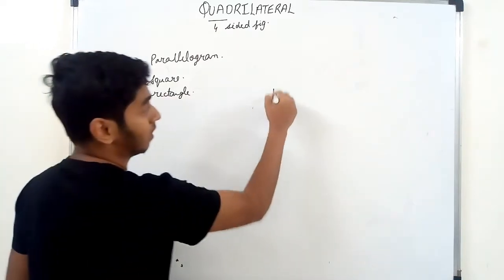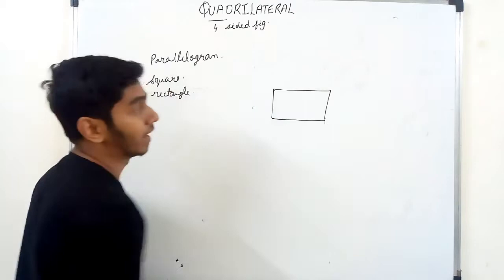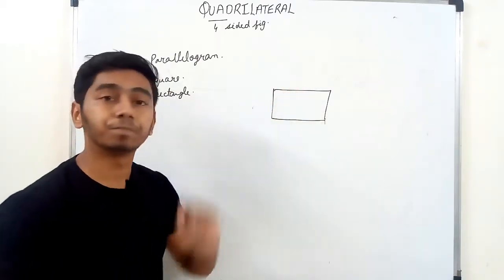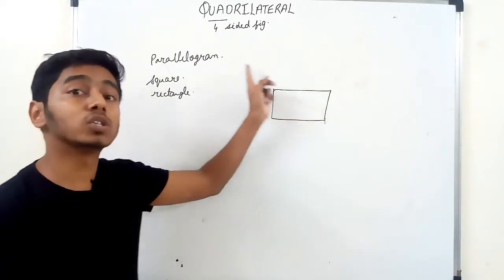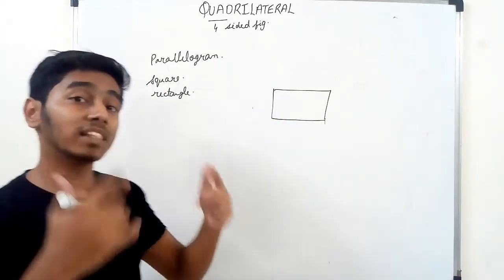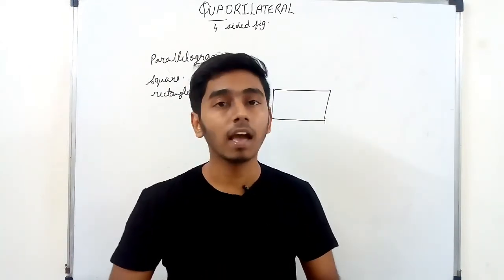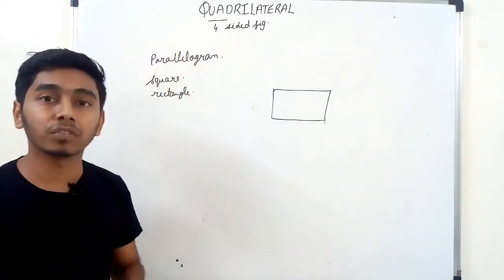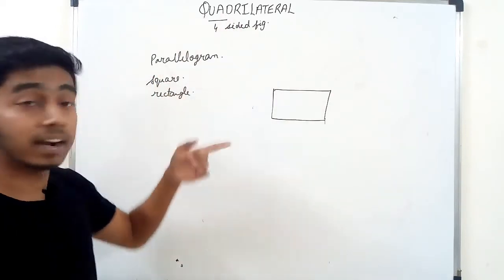If you see a rectangle, it is a four-sided figure, so a rectangle is also called a quadrilateral. You can think of quadrilateral as the name of the parent, and these are the children of the parent quadrilateral.